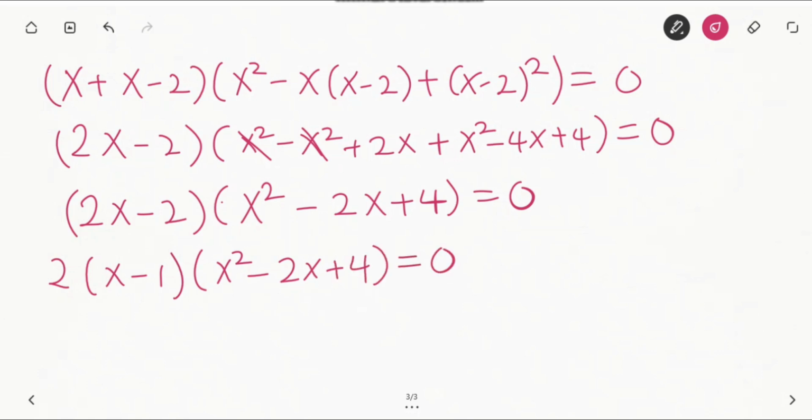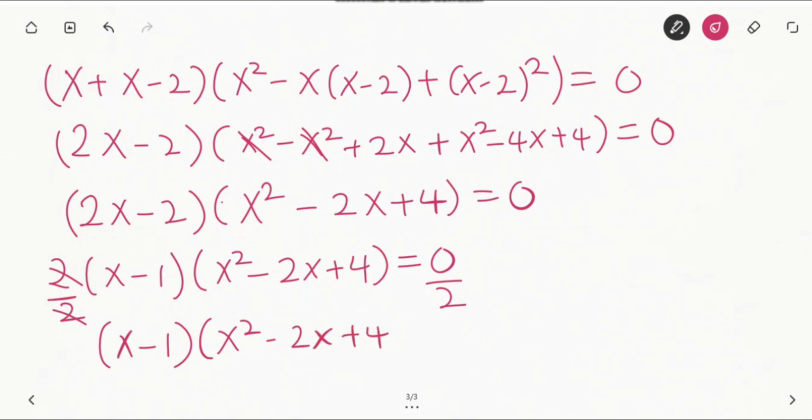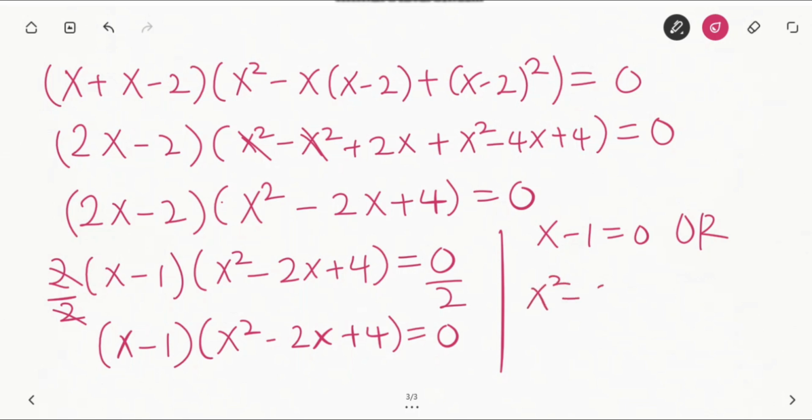Dividing through by 2, we have x minus 1 multiplied by x squared minus 2x plus 4 equals 0. So either x minus 1 equals 0, or x squared minus 2x plus 4 equals 0.